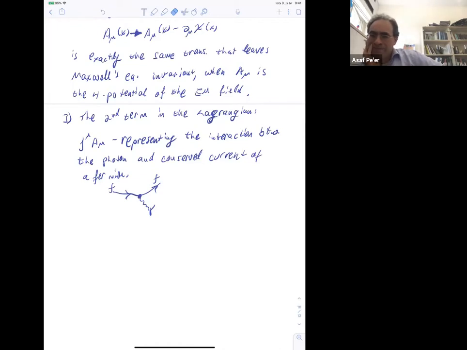And what Weyl found was the gauge principle: if we demand that the Lagrangian is invariant under a local gauge, we give rise to new fields, and these fields really represent interaction.